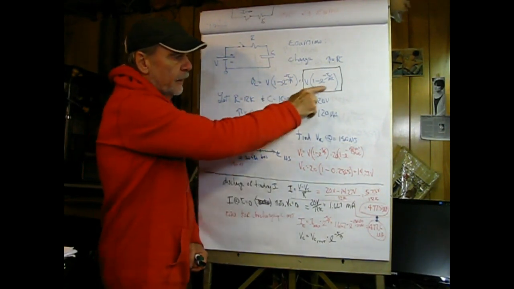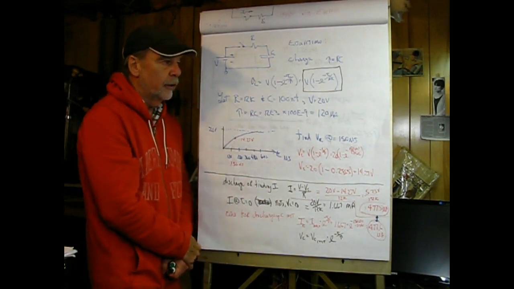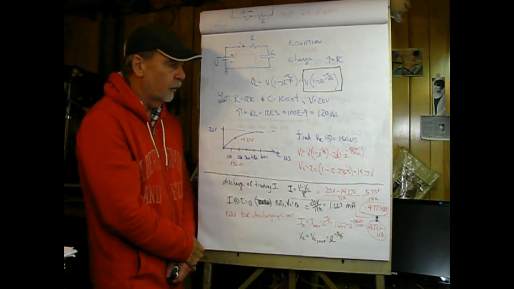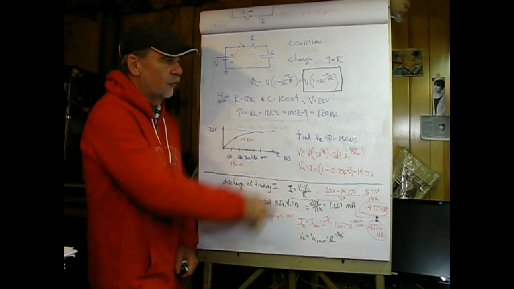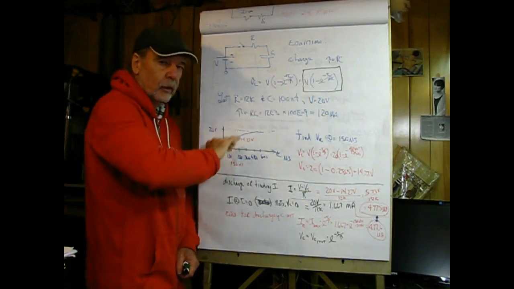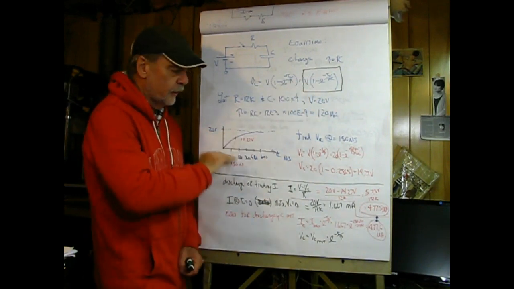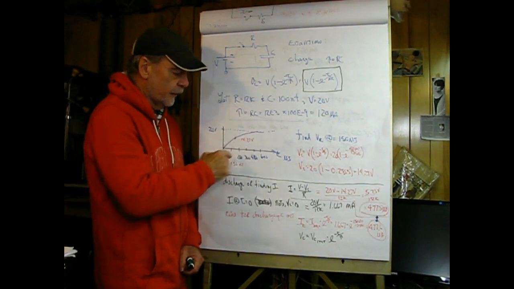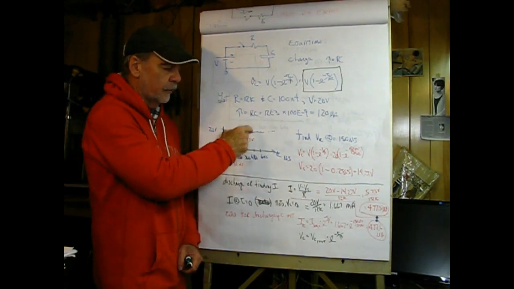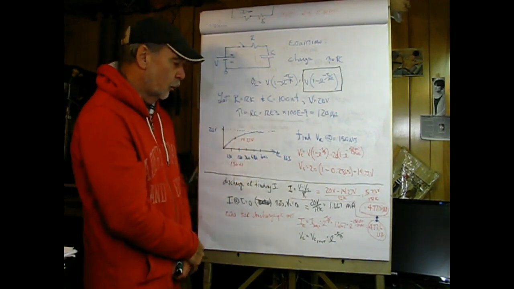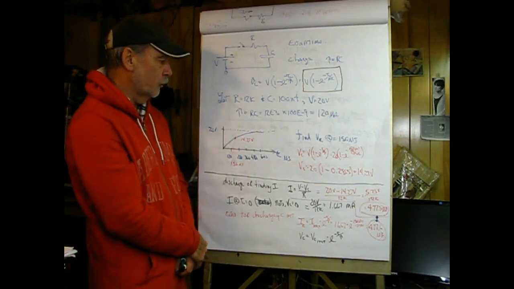And here I've indicated the same thing, except in the numerator of the exponent I have RC. The negative means that it's decaying relative to growing, so it's getting closer and closer to the final value. If I didn't have the negative there, it would look like this, grow to very high values.